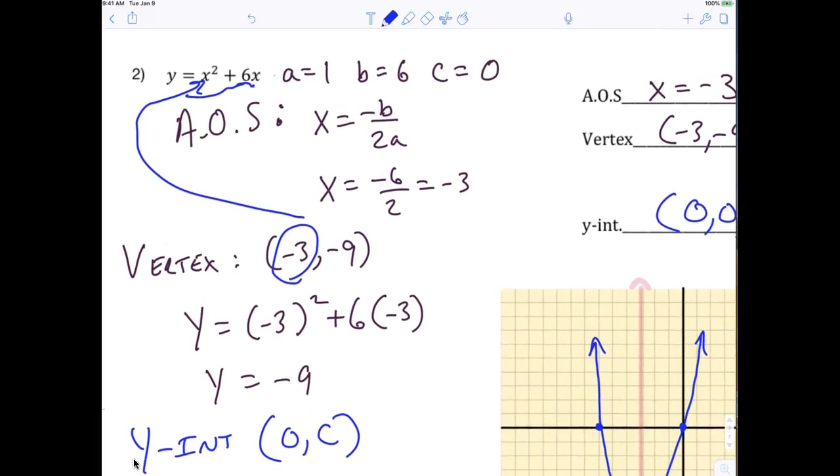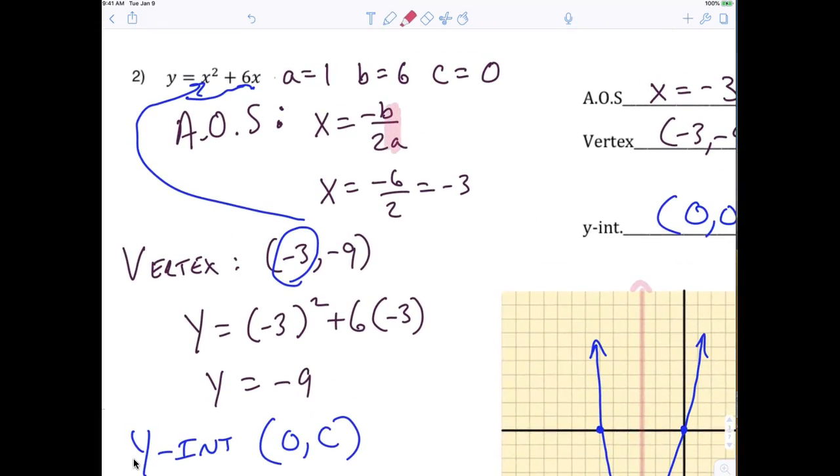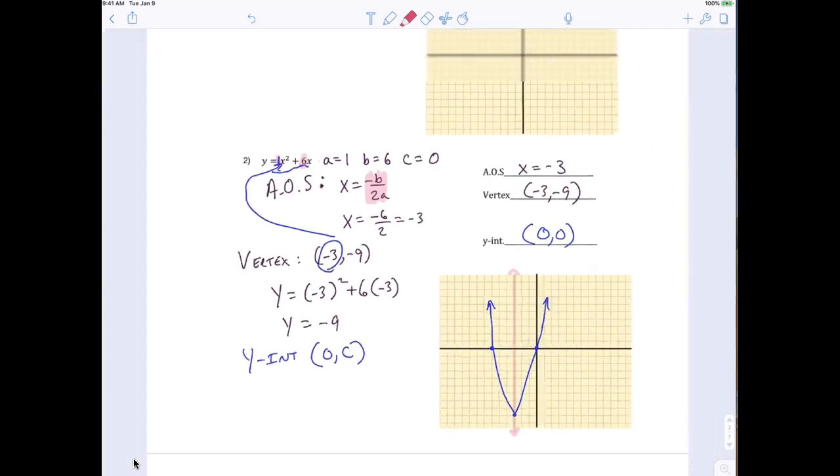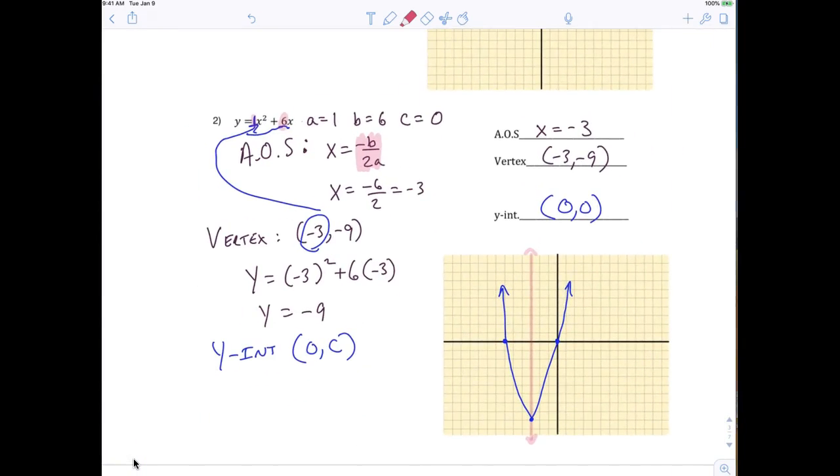Are you talking about in this formula right here? Yes, in that. All right. In this formula now, remember B is 6. Okay. And A is an understood 1. Agreed? All right. Anybody else have any other questions with graphing? All right, we have 2 more.